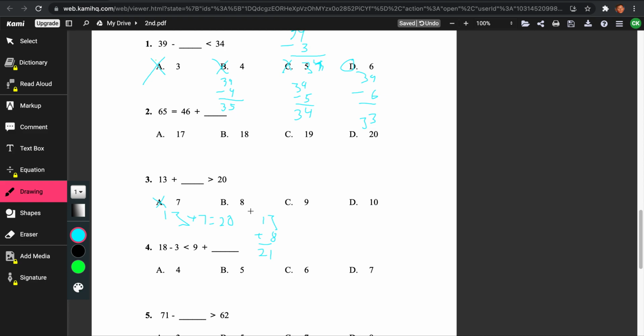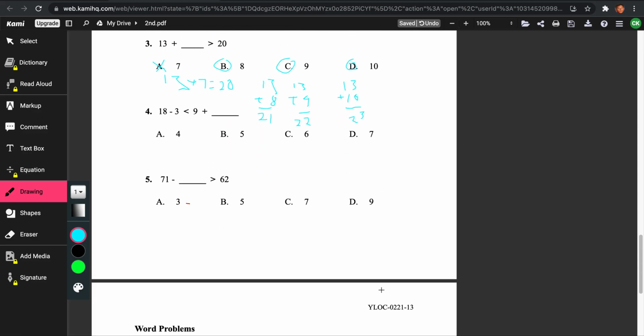And 21 is greater than 20, so B would work. Let's try C. 13 plus 9, that would be 22. And 22 is bigger than 20, so C would also work. Let's try D. 13 plus 10, that's 23. 23 is also bigger than 20. So B, C, and D all work.